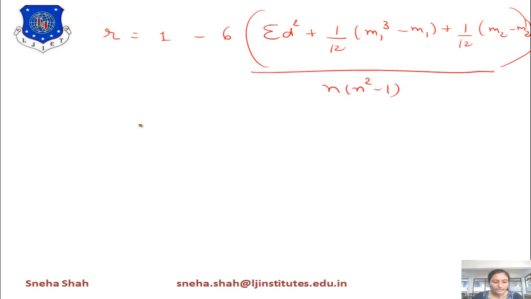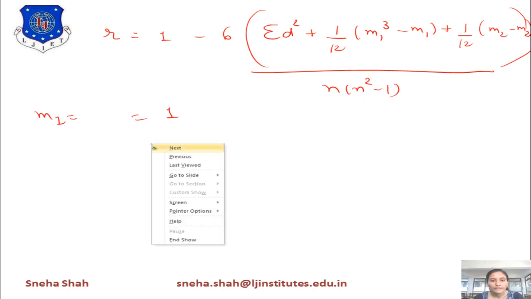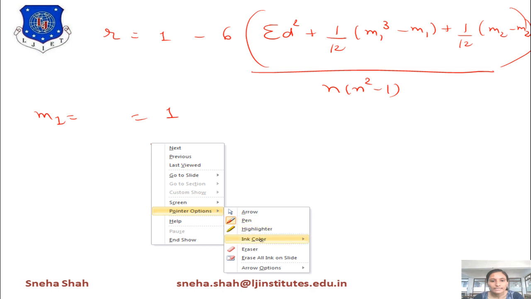Now what is the value of m1 cube minus m1? First of all I will find the value of m1. m1 means the number of repeated values in the random variable X. In X there are only 2 samples which are repeated: 18 and 18, right?